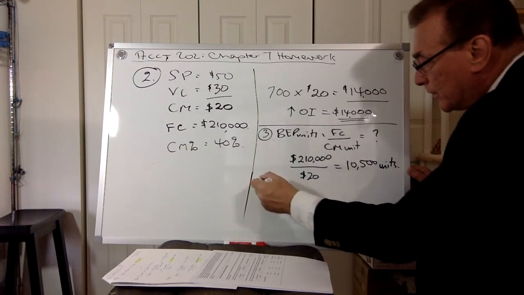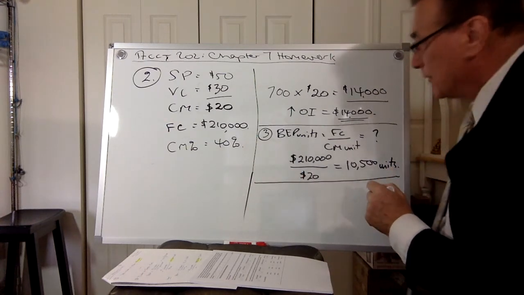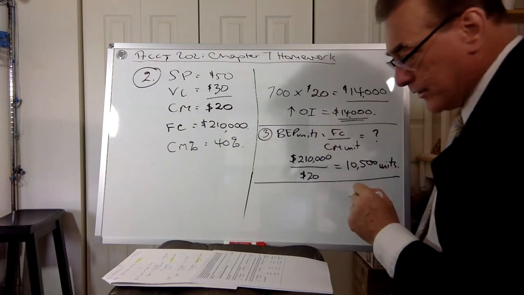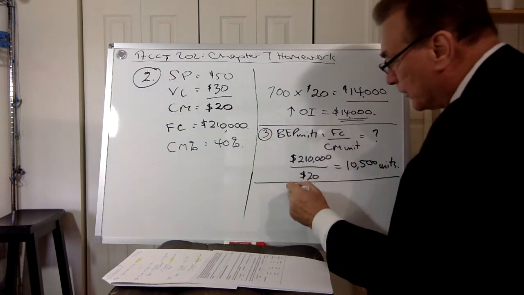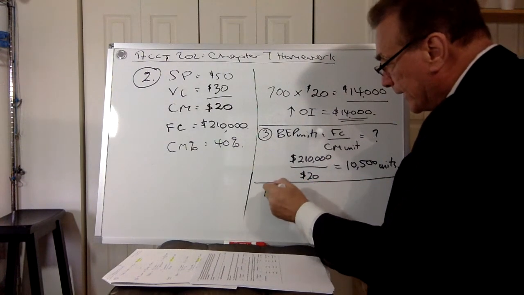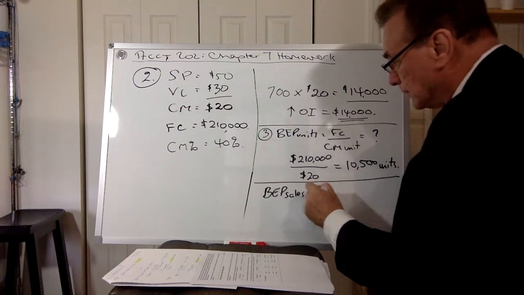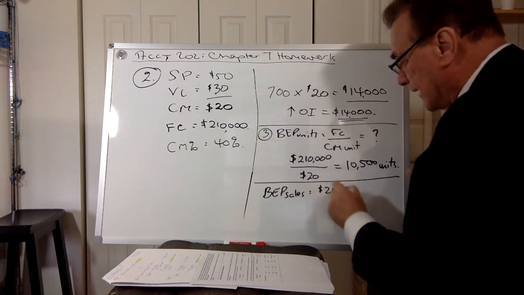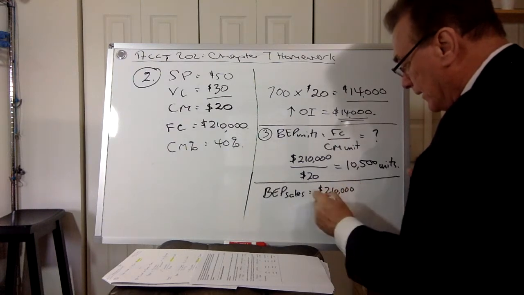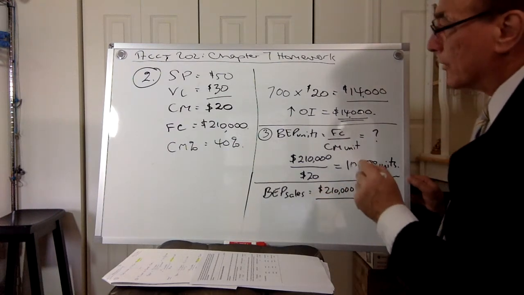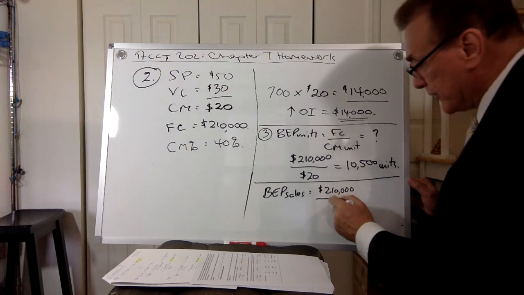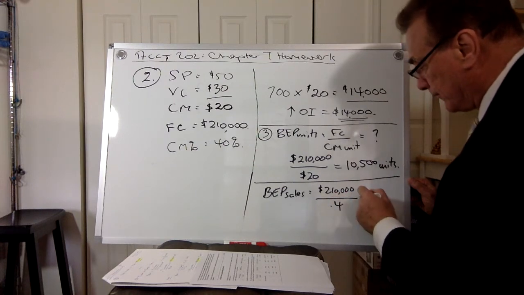If you want to know what it is in sales, there are 2 ways to do it. You take the break-even point in sales, you've got your 210,000 again. This time you divide it by the contribution margin ratio, which is 0.4.